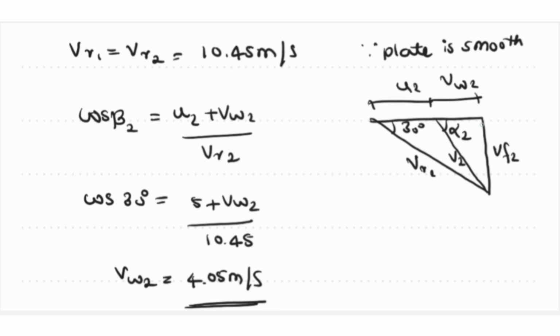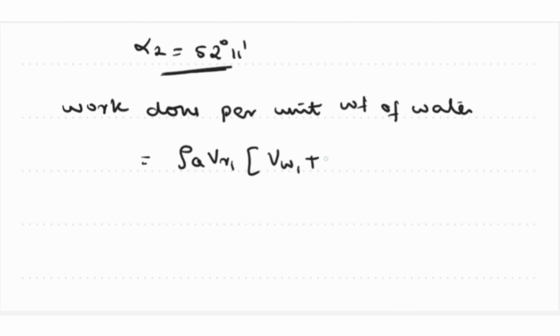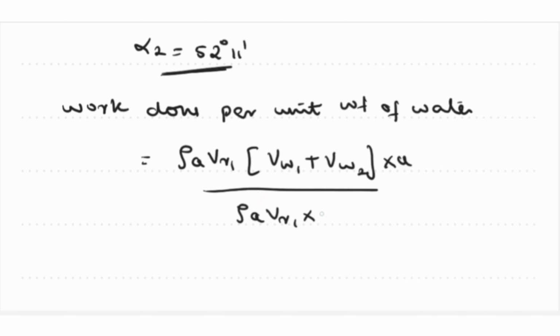If it had shifted towards the right side of VF2, then it is minus.